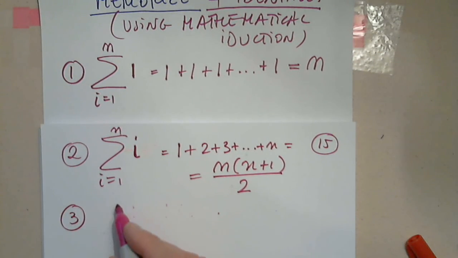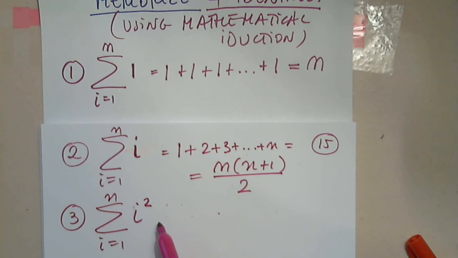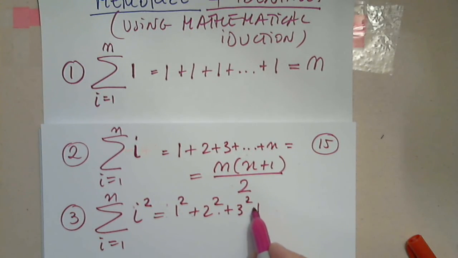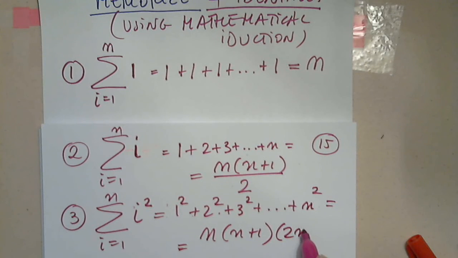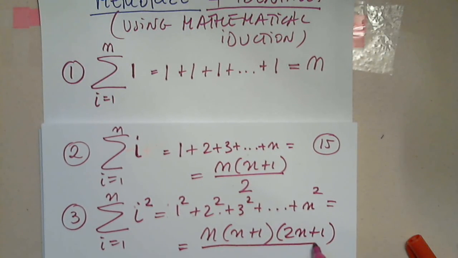The third one, the sum of i equals 1 through n of i squared: 1 squared plus 2 squared plus 3 squared plus dot, dot, dot plus n squared is, this is the most difficult one to remember, n times n plus 1 times 2n plus 1 divided by 6.